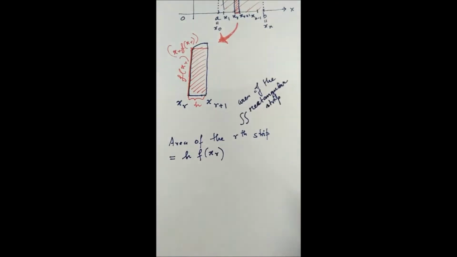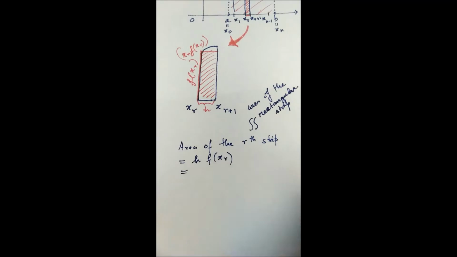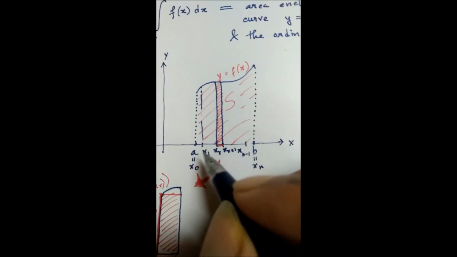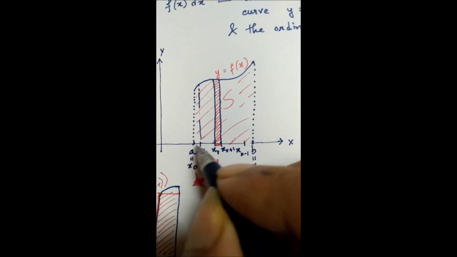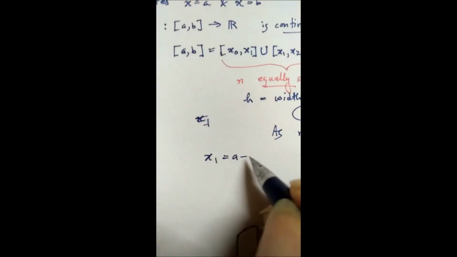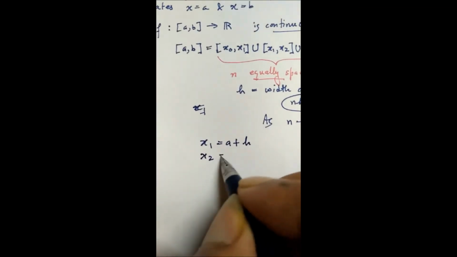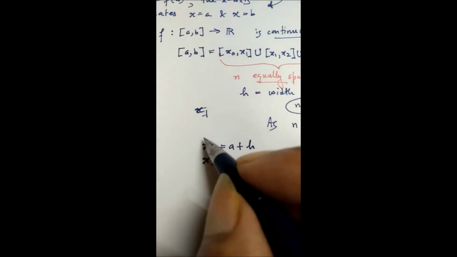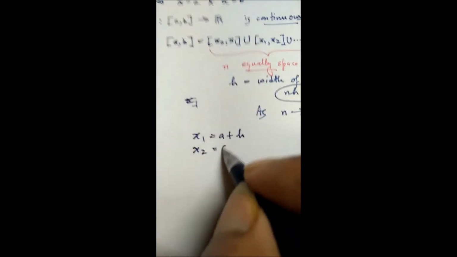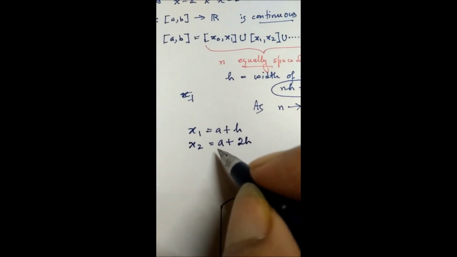So now here's a quick thing. Since x1, look at the point, is h distance away from x0 or a, so x1 could be written as a plus h. Similarly, x2 is again h distance apart from x1, so it's 2h distance apart from a.